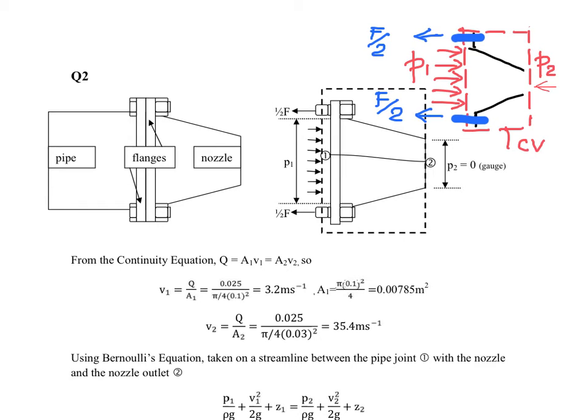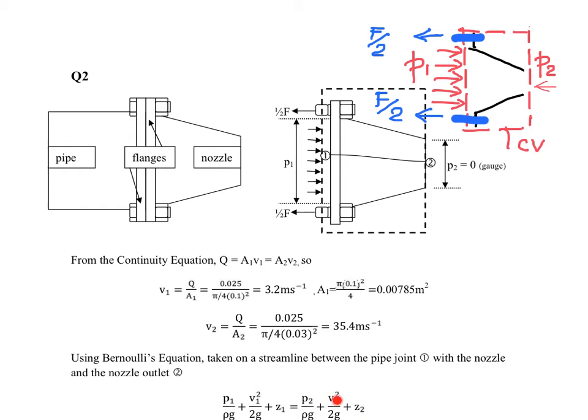We also now do the same thing to calculate the velocity at the nozzle outlet, because by continuity A2 V2 is equal to A1 V1, so we calculate V2: same volume flow rate, area reduced, higher velocity. We need these two velocities, V1 and V2, to do our calculation using Bernoulli's equation, which is seen here.